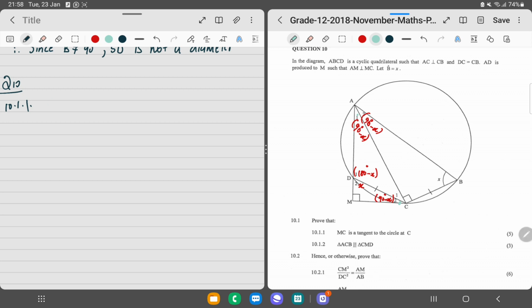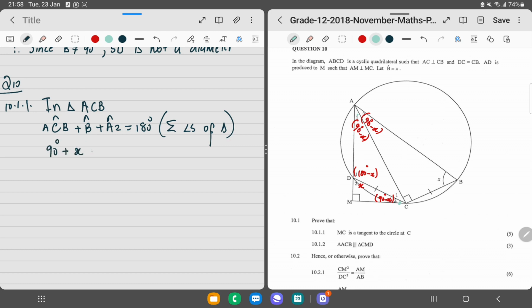Okay, so in triangle ACB, angle ACB plus B plus A2 is equal to 180 degrees. This is the sum of angles of a triangle. Then ACB, that's 90, B, that's X, plus A2.